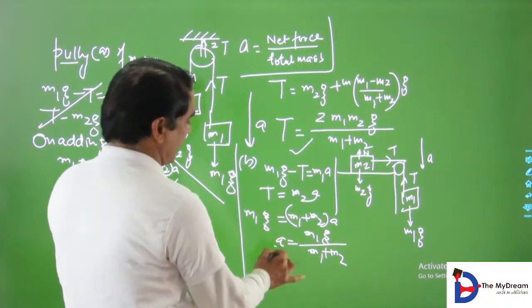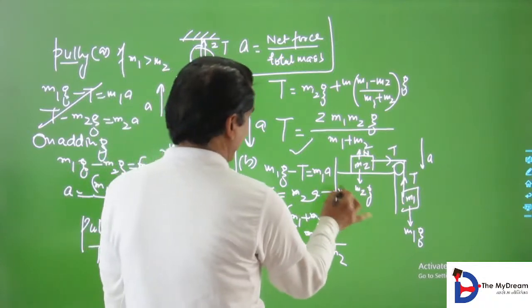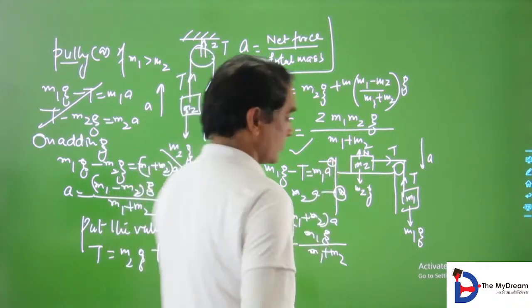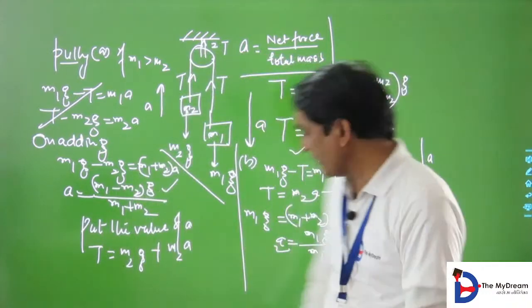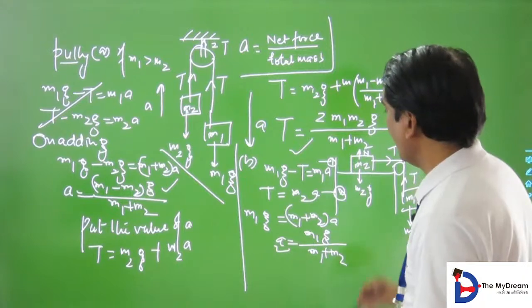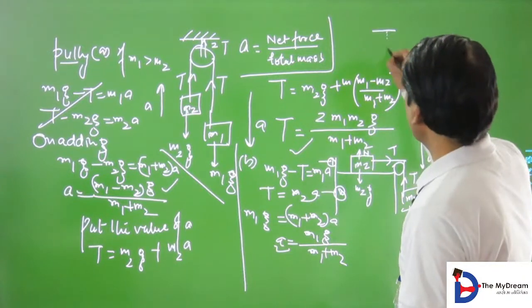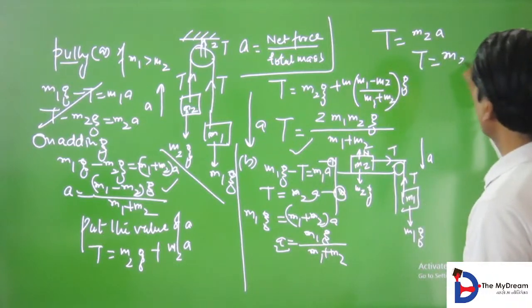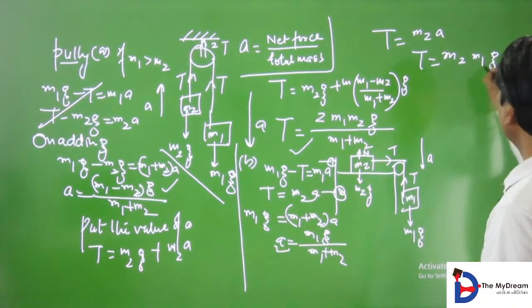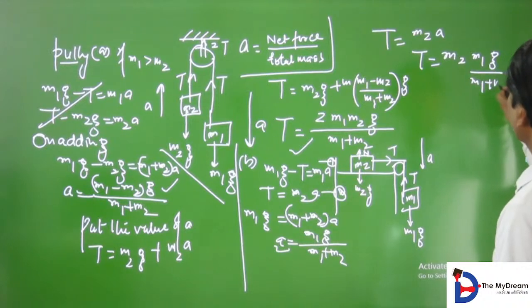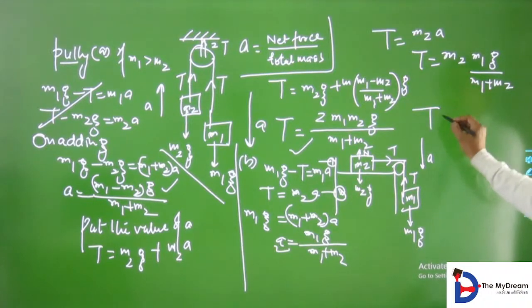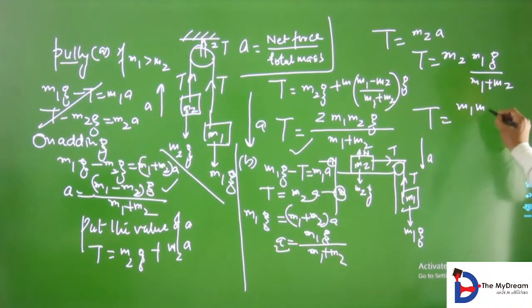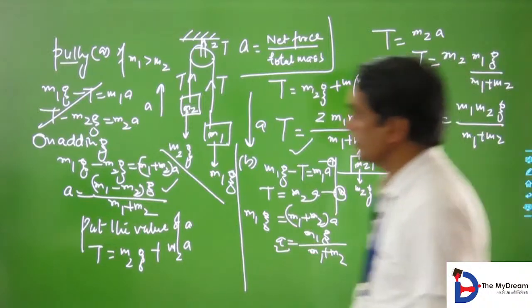Now put the value of a either in equation second or first. So T is equal to m2a, which is equal to m1 m2 g divided by m1 plus m2.